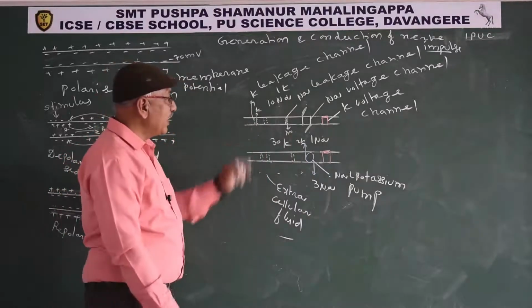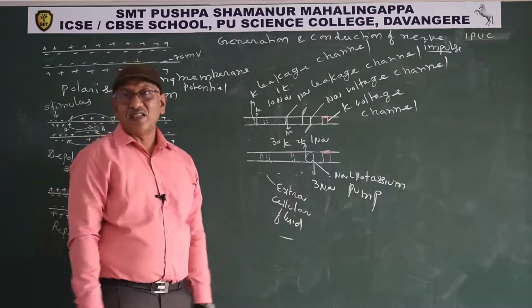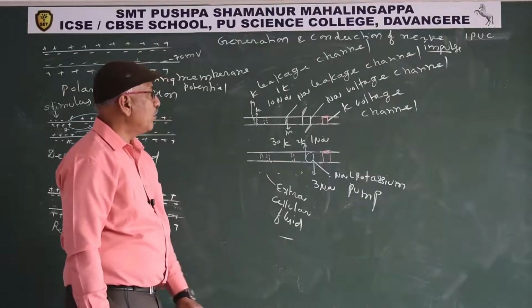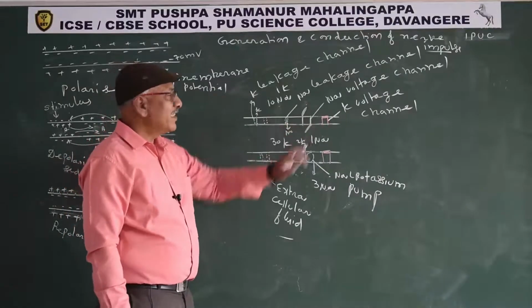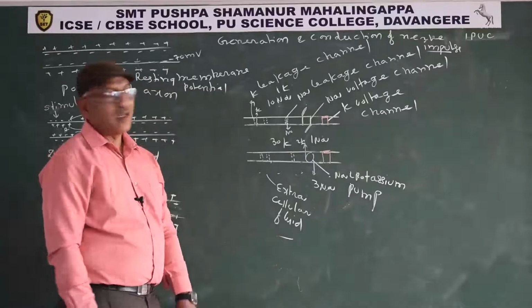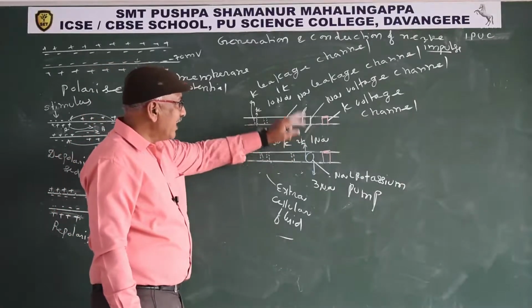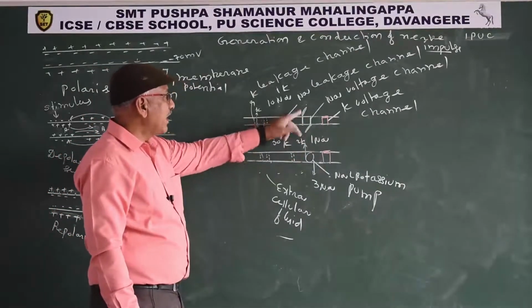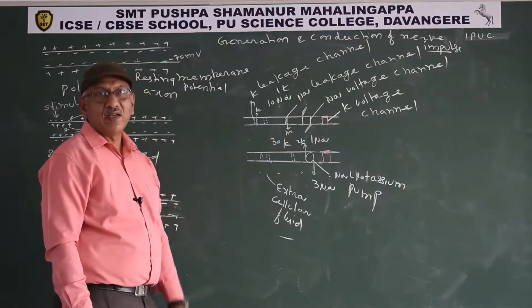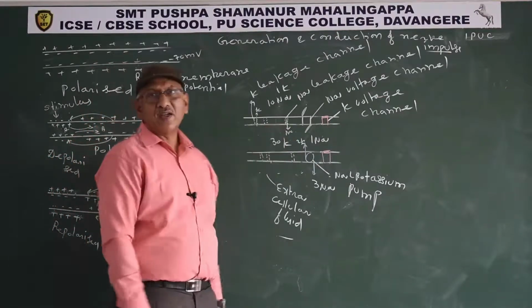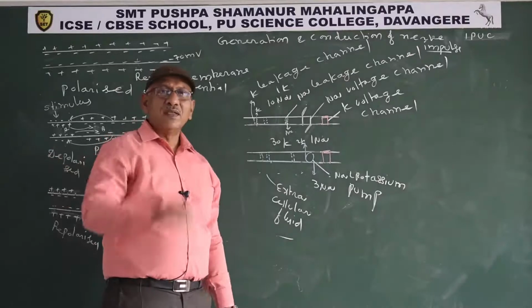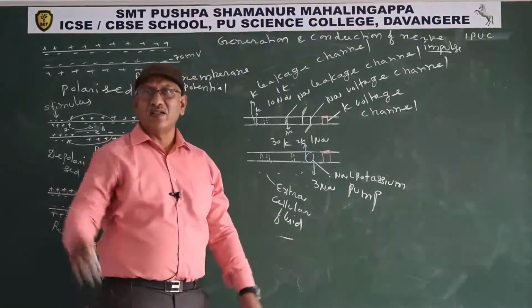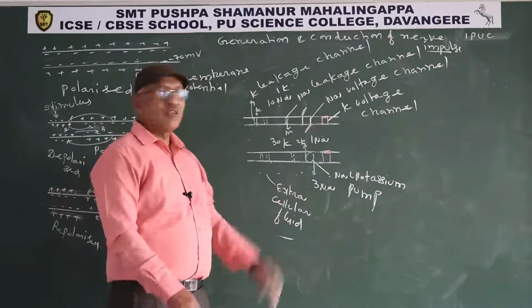In addition to leakage channels, voltage gated channels are also present in the axolemma: the sodium voltage gated channel and the potassium voltage gated channel. The sodium voltage gated channel contains two gates, the activated gate and the inactivated gate. For example, consider a flat with two gates: the grill we may consider the activated gate, and the door the inactivated gate.